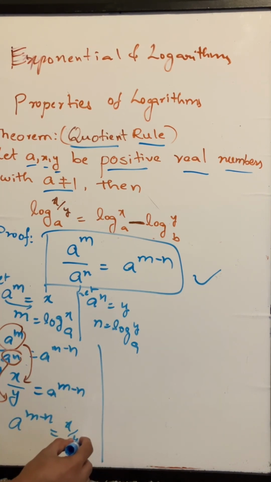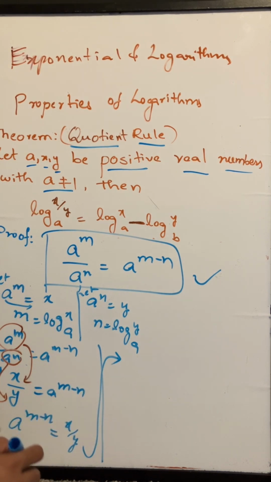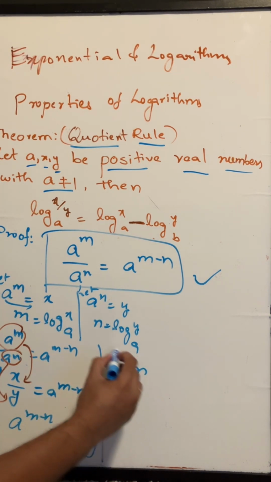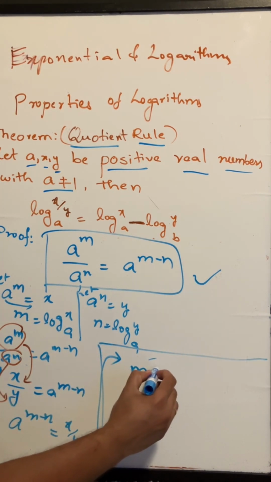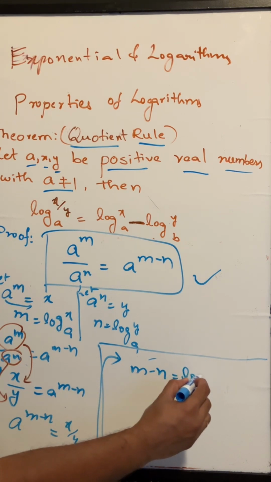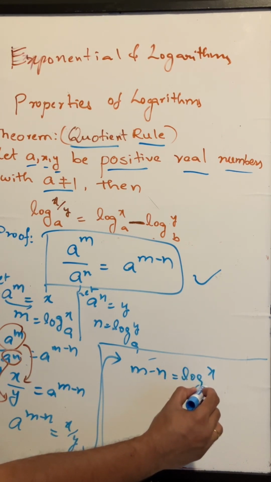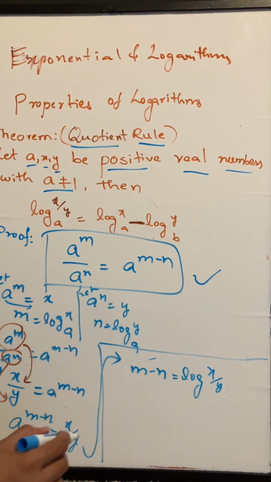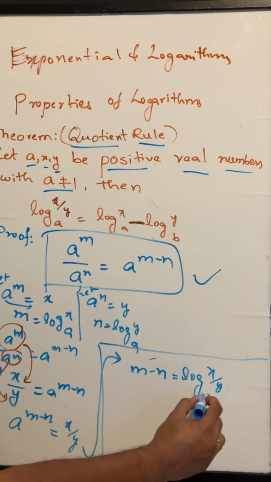So the continuation of this one is here. Then we can write m minus n equal to log of x by y base a.